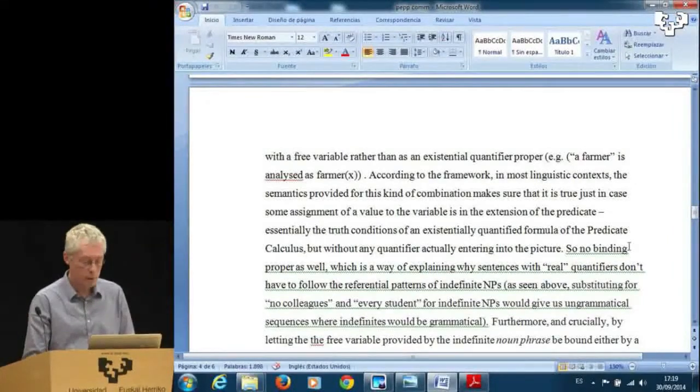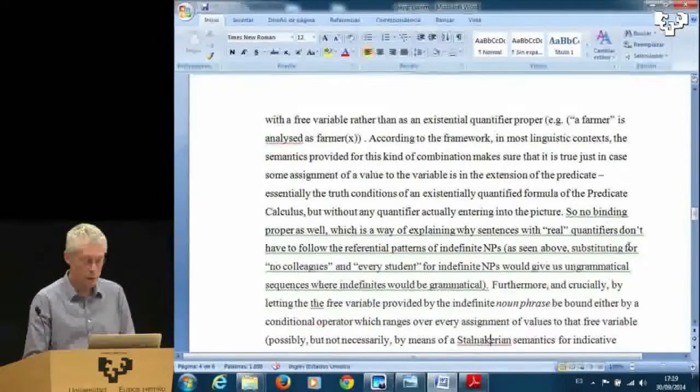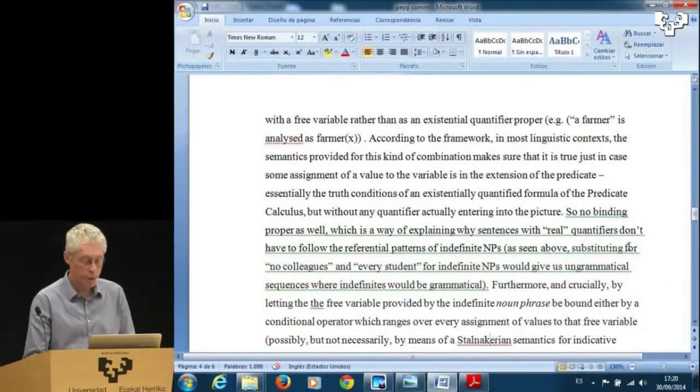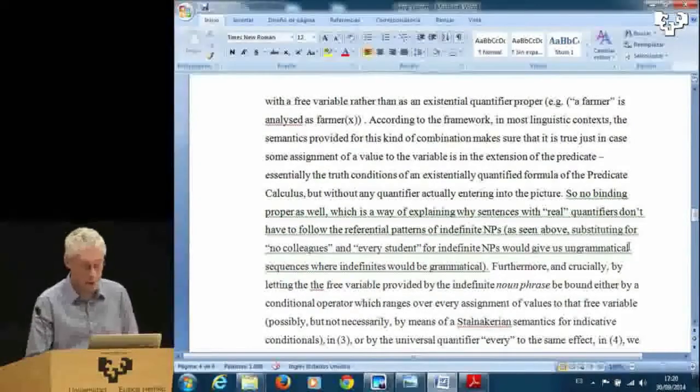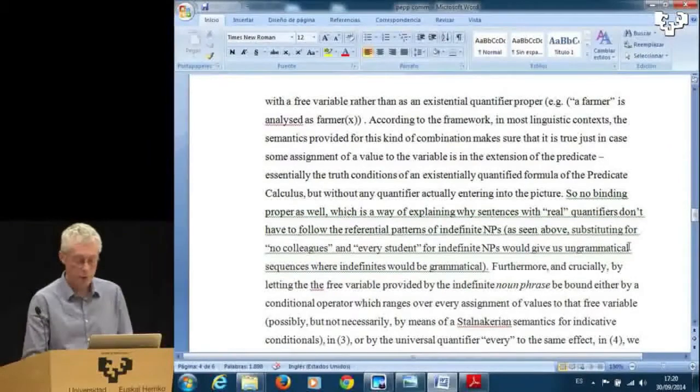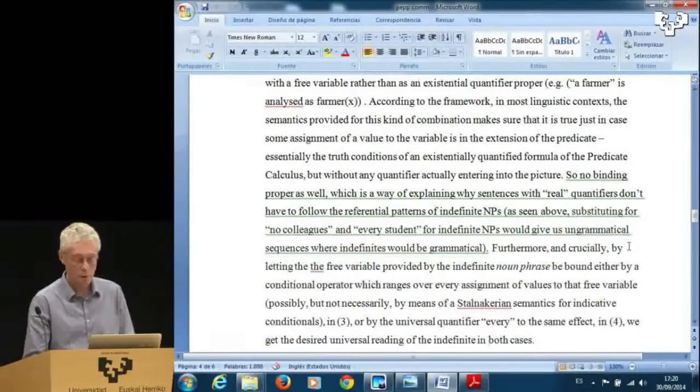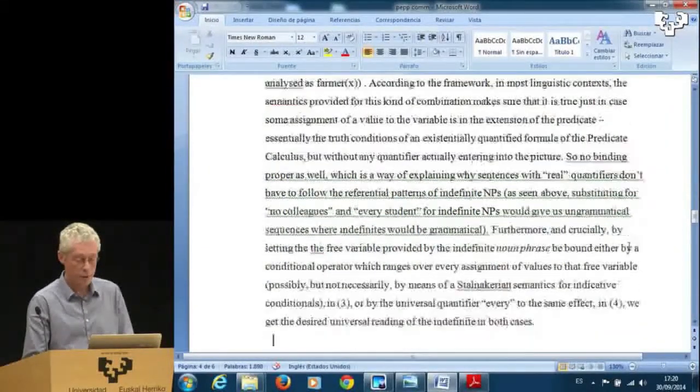Furthermore, and crucially, by letting the free variable provided by the indefinite noun phrase be bound by either a conditional operator which ranges over every assignment of values of that free variable, possibly but not necessarily by means of a Stalnakerian semantics for indicative conditionals in sentence 3, or by the universal quantifier every to the same effect in sentence 4, we get the desired universal reading of the indefinite in both cases.